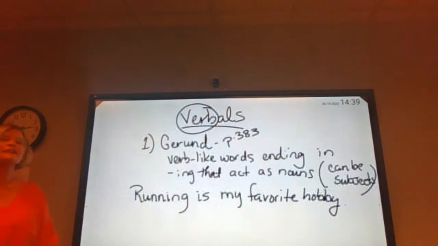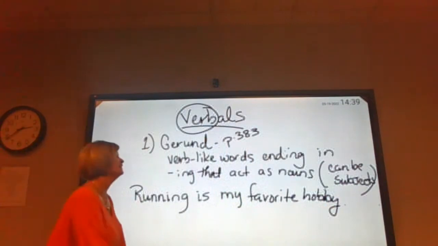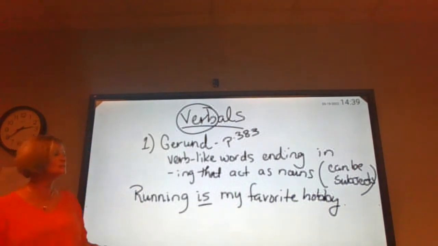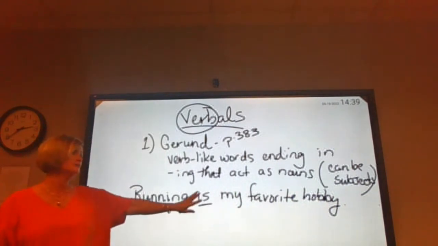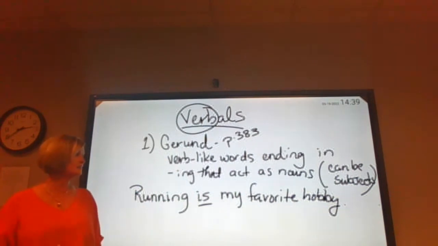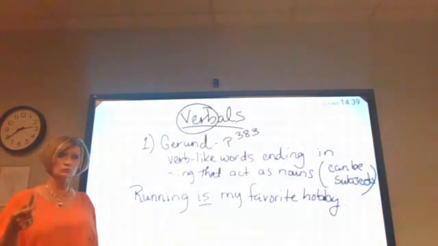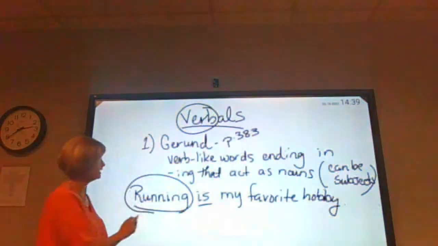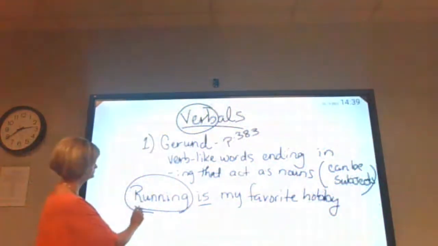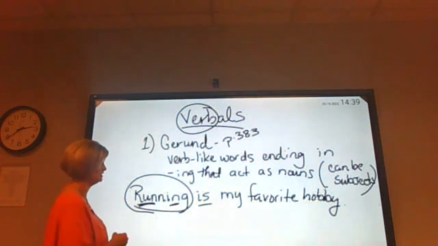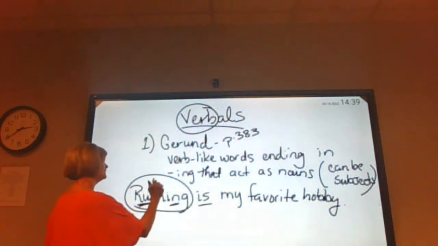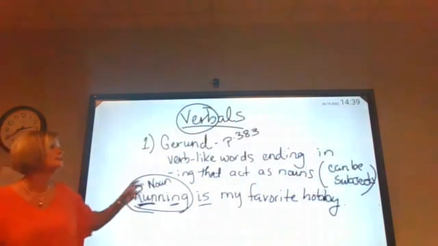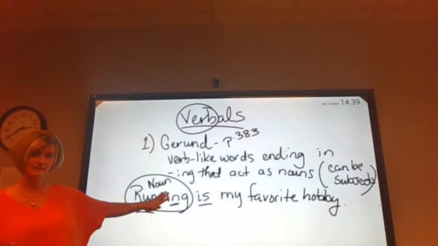We know is always a verb. When you see is, think verb. If that's the verb of my sentence, I ask myself, what's my favorite hobby? Running. Verb-like word, ending in ing, acting like a noun. It's the subject of my sentence. So that is my gerund.